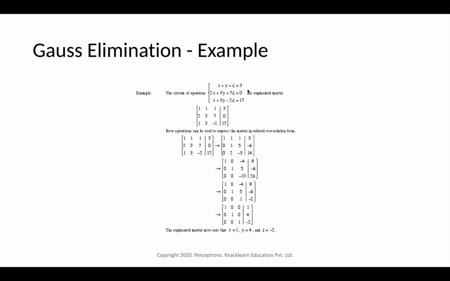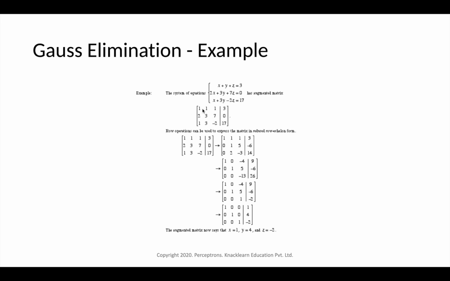First we will create the matrix out of this. The first row is 1 1 1, that is, the x value is 1, the y value is 1, and the z value is also 1. The second is 2x plus 3y plus 7z, that is 2, 3 and 7, 2 for x, 3 for y and 7 for z.